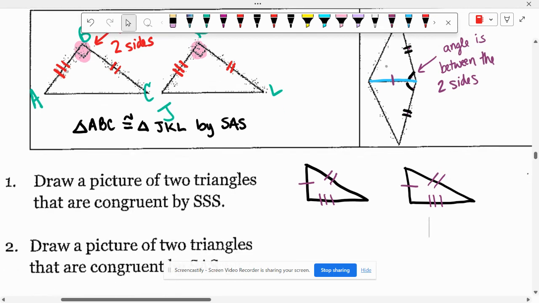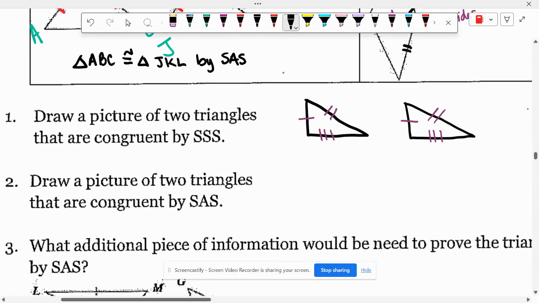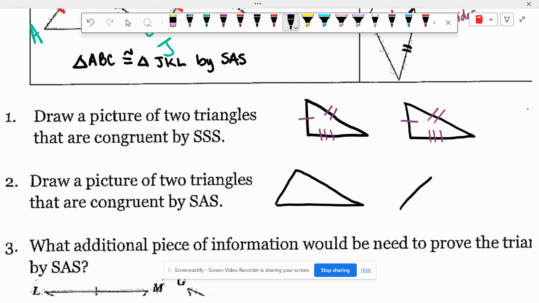Okay. Our next one is asking us to draw a picture of two triangles that are congruent by side, angle, side. So I'm going to try to rearrange the way that my right triangle is drawn. So if I mark this side congruent to this side and this side congruent to that side, where does the angle have to be?